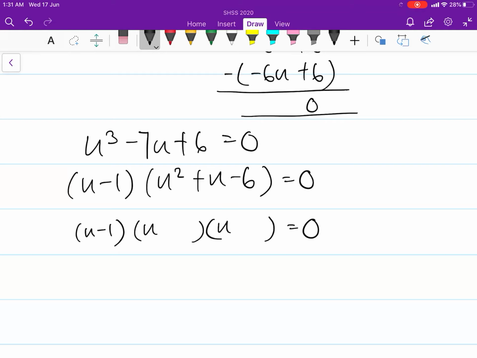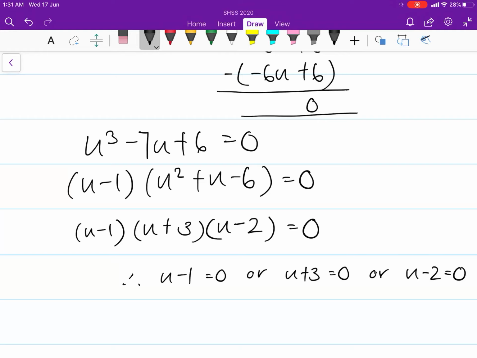This is u and u. 3 times 2. Positive, negative. So therefore, I have u minus 1 equals to 0, or u plus 3 equals to 0, or u minus 2 equals to 0. So u equals to 1, or u equals to negative 3, or u equals to 2.